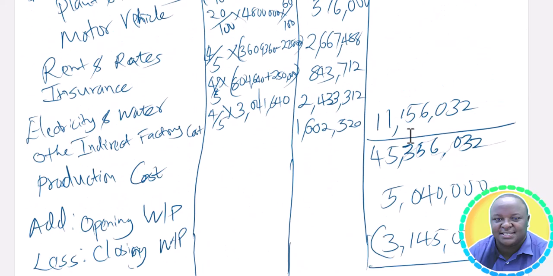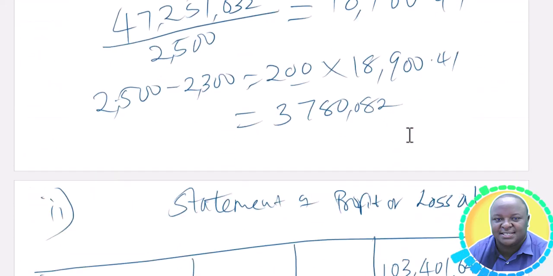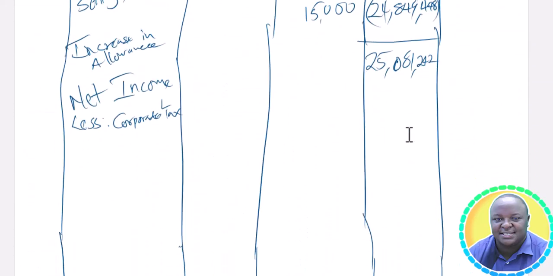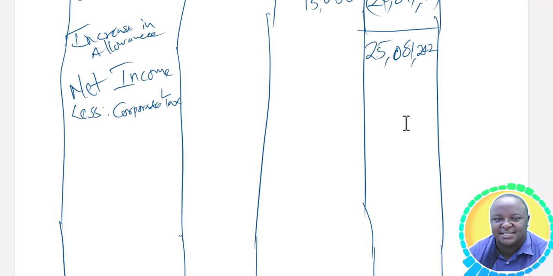So we less 12,500,000 from our net income.